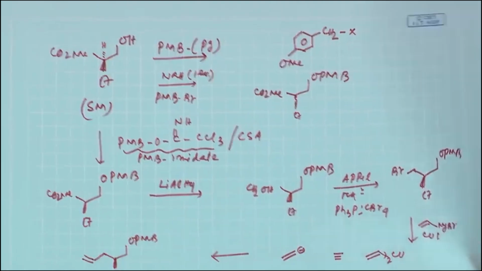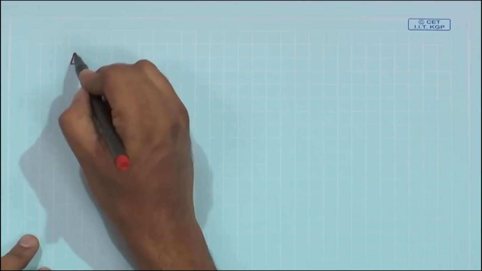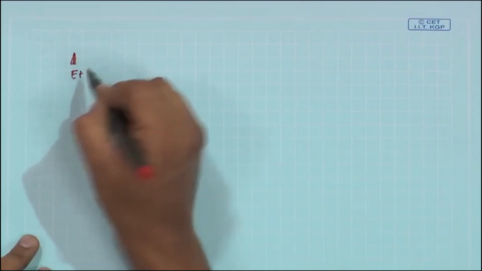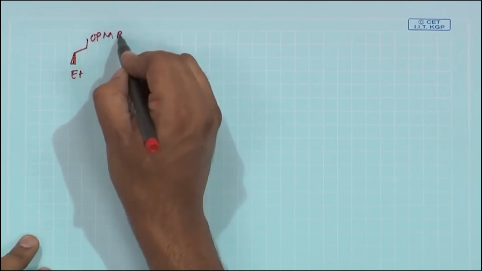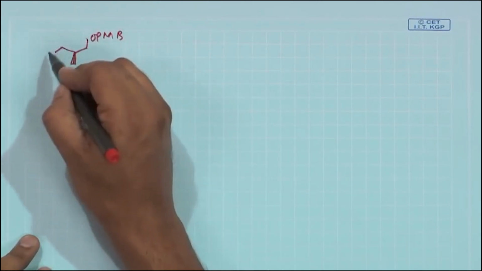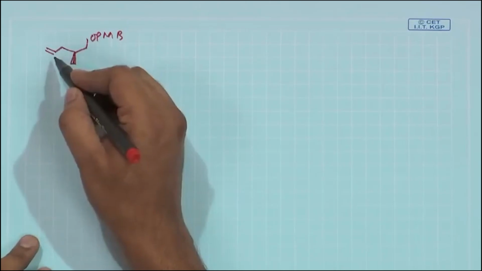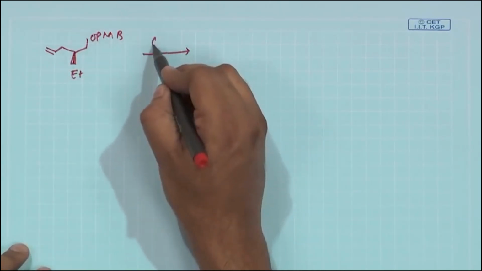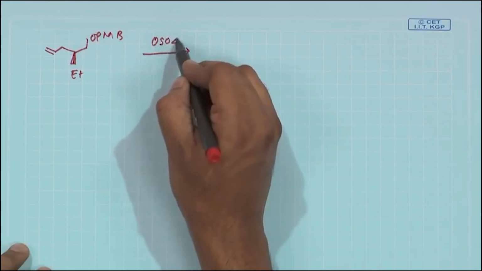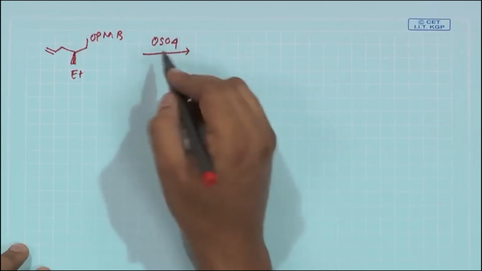So, we are almost close. Now, if you write the intermediate which we obtained in the earlier slide, then you find that after this SN2 reaction we obtained this. Now, here you need a dihydroxylation where osmium tetroxide is the preferred reagent.